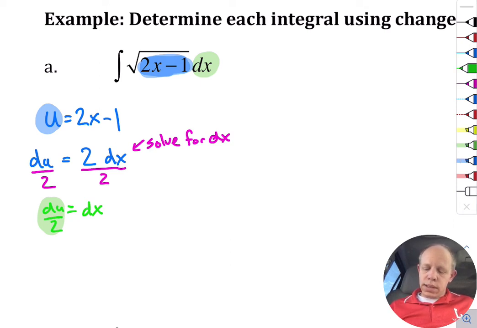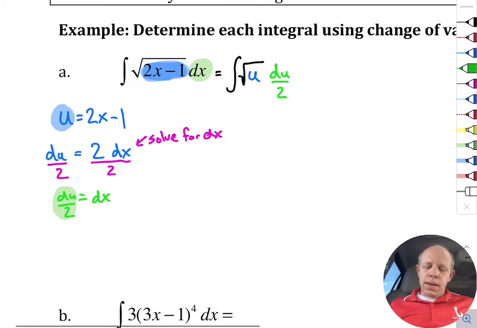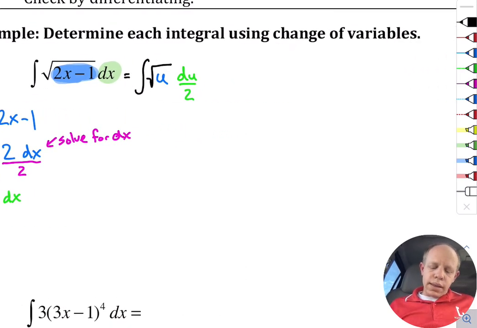All right, so this is going to become your change of variable here. So we'll have the integral of the square root of, well, not 2x minus 1. We're going to change that to be u. And instead of dx, we're actually going to write du over 2. Okay. Now, from here, we do want to rewrite this a little bit.